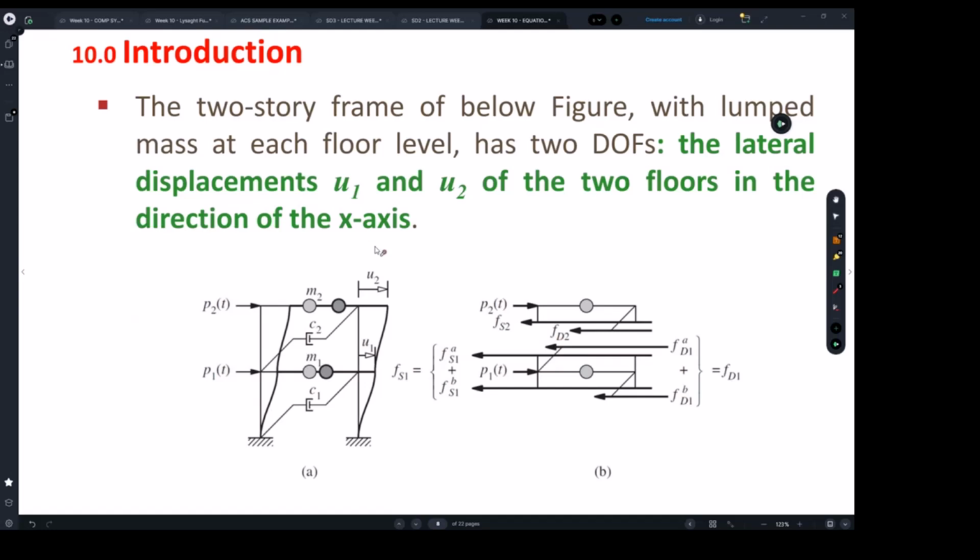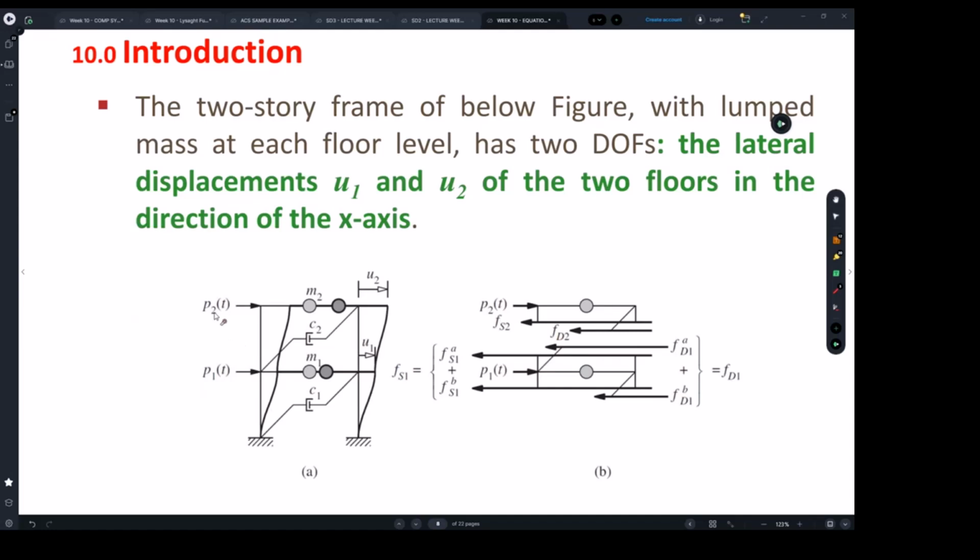You need to understand that U2 represents the displacement at level 2, and U1 represents the displacement at level 1. These parameters will come in the equation, so you just need to know what they are. U2 is the displacement at the higher floor, U1 at ground, and obviously M1 is the mass at level 1, M2 is the mass at level 2, and these are external forces as applicable.